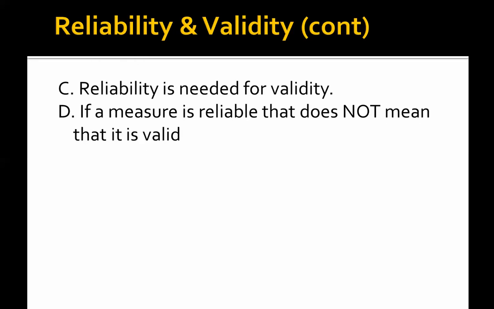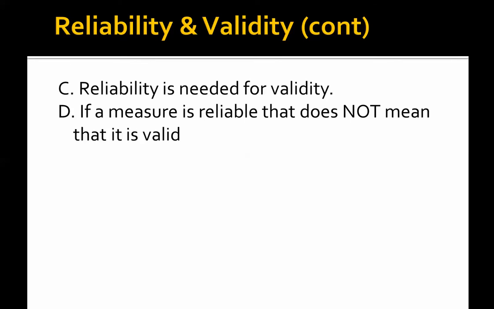And then on reliability, a reminder that reliability is needed for validity to take place. But just because a measure is reliable doesn't mean it's a valid measure. An example of this is, back in the 1800s, Sir Francis Galton in England, one of his measures for intelligence was actually the size of one's head. Now, I love that measure because I've got a big head.